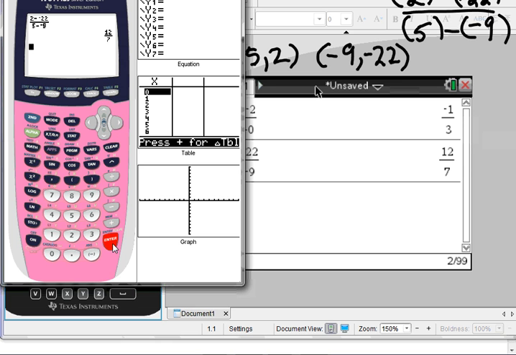When you get to 11 and 12, you read off the ordered pairs, and then you find the slope. You can count. I don't care how you get the slope.